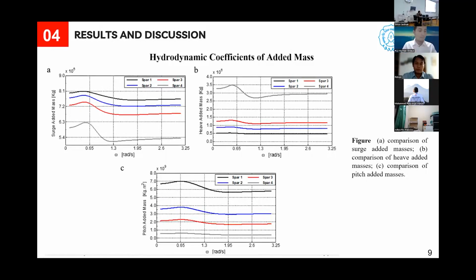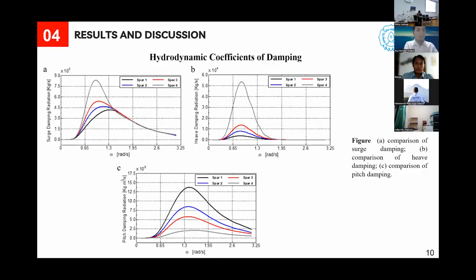For the surge and pitch modes, the spar which has a smaller base diameter and longer floater tends to have greater added mass than the others. Conversely, for heave mode, the value of added mass is greater in the spar shape which has a larger base diameter and shorter floater length.